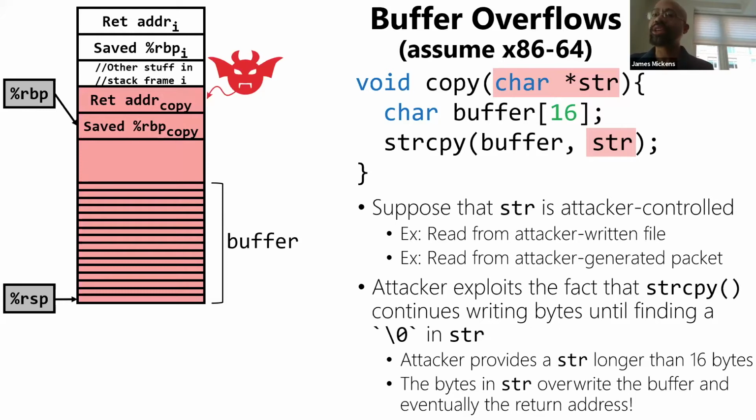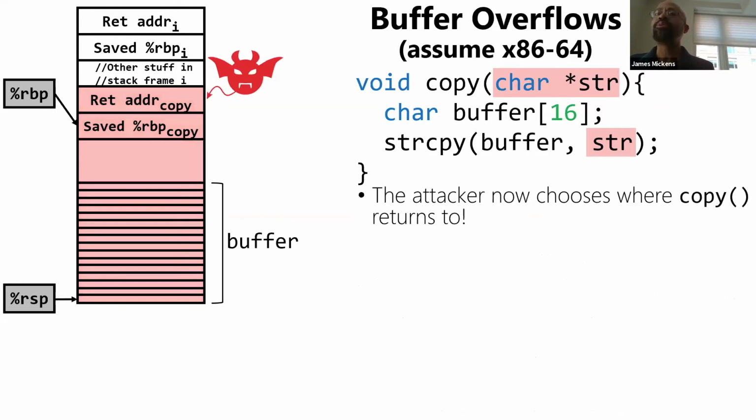So what are the ramifications of this? The attacker now chooses where copy returns to. When copy finishes execution and invokes the ret instruction, the saved return address on the stack is now filled with values that the attacker selected.